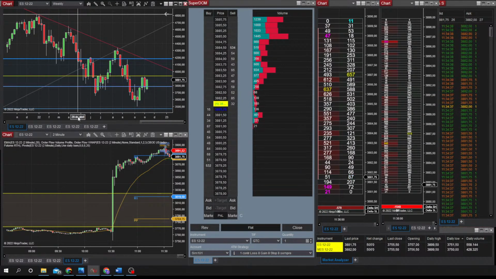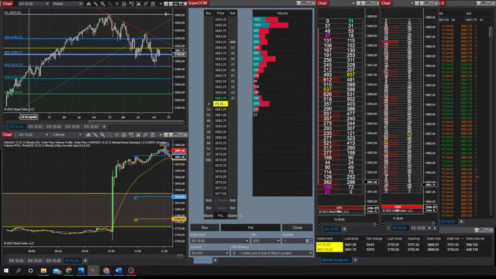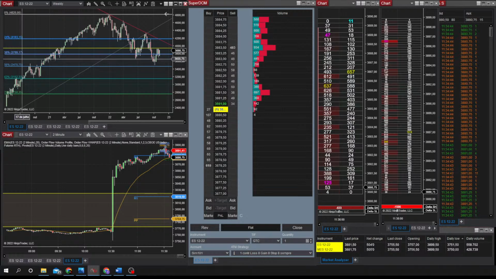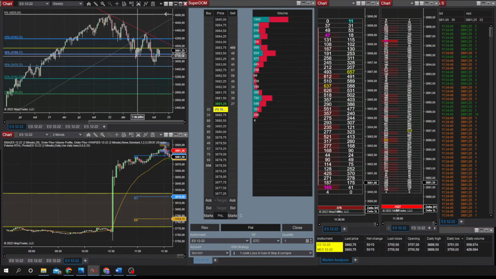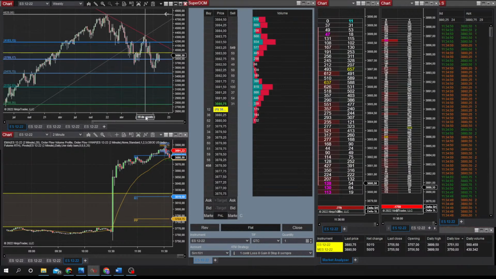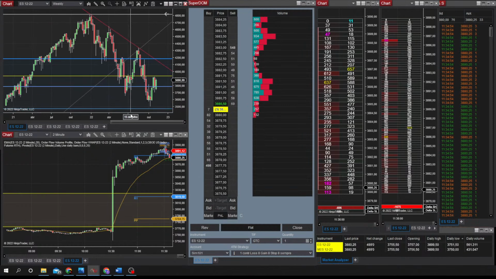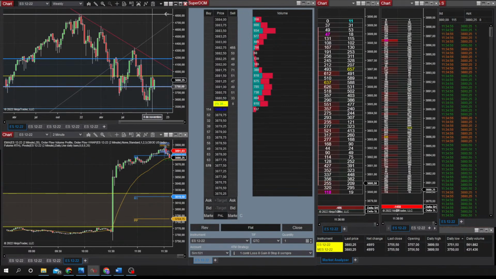We also have this Fibonacci at 3789 here. So I'm really considering this region important in terms of expecting new highs.